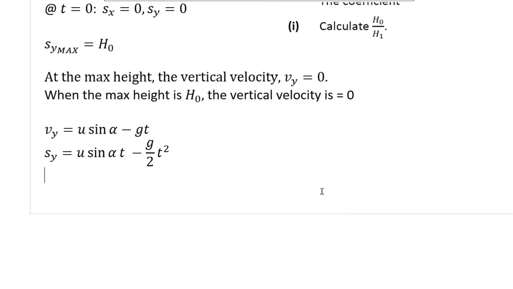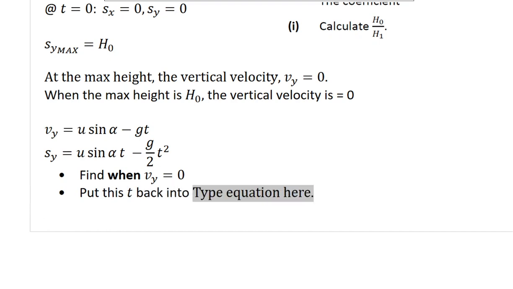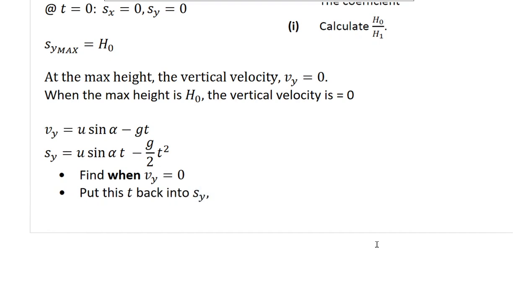So step 1 will be find when Vy equals 0. Then put this t back into Sy and see what happens then.